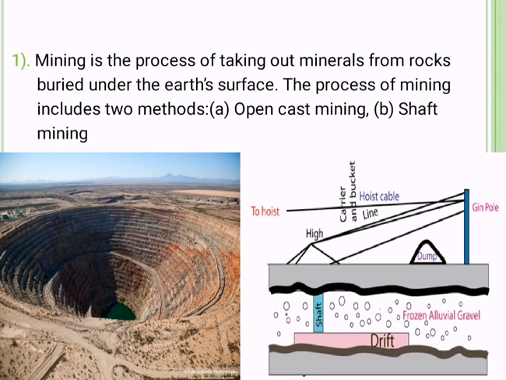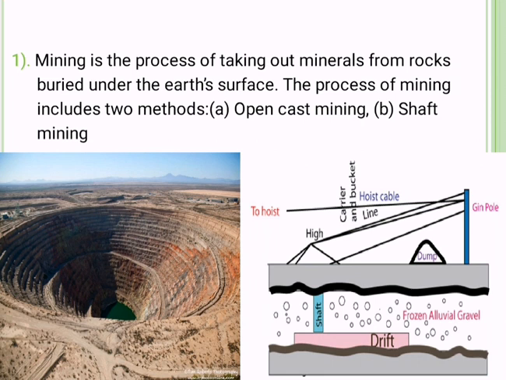The minerals that lie at shallow depth are taken out by removing the surface layer, and that is called open cast mining. The first image we can see is an example of open cast mining. If the minerals are very close to the Earth's surface, we will remove the surface layer of the earth, and we will collect the minerals.